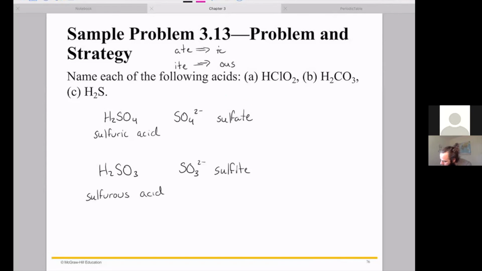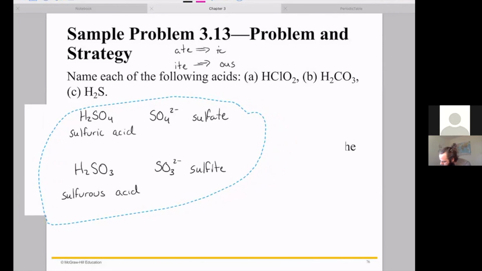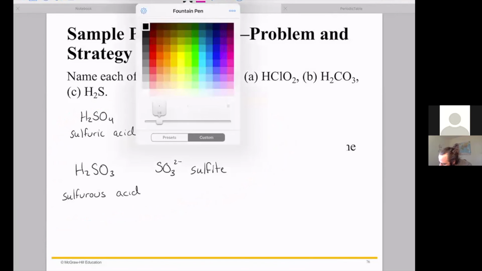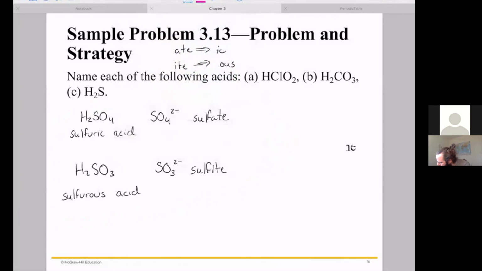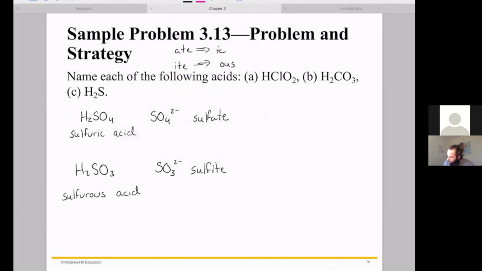Same logic we can follow. If I had, for example, HNO3, remember that NO3 minus was a nitrate, and ates go to ic.